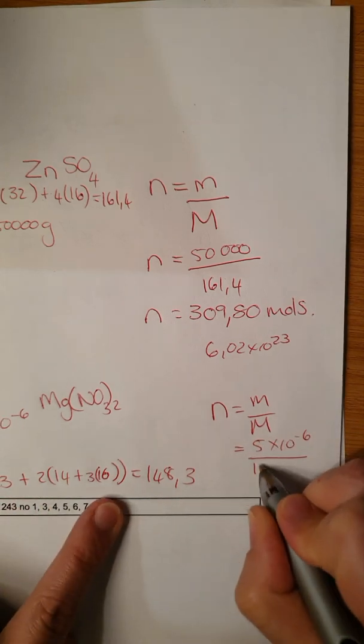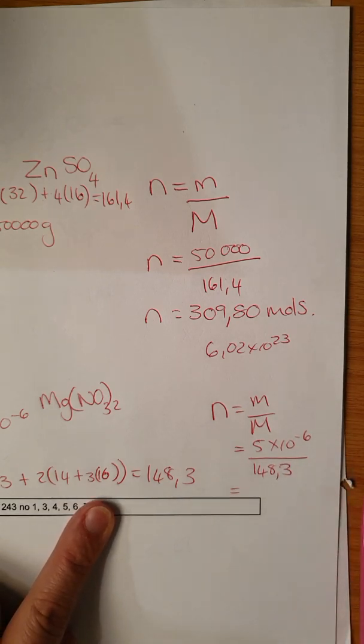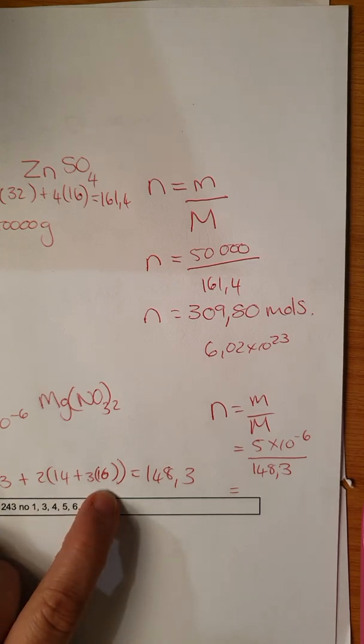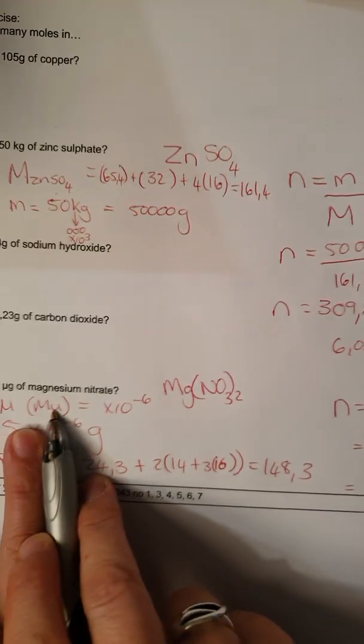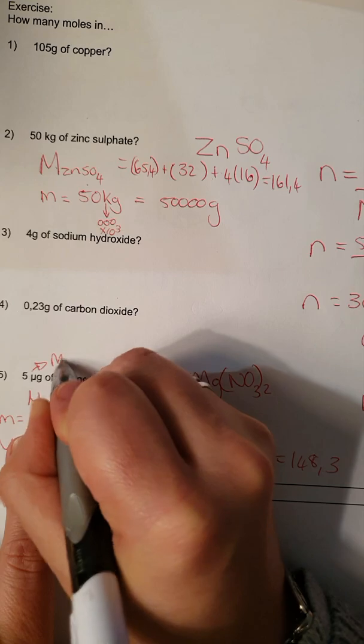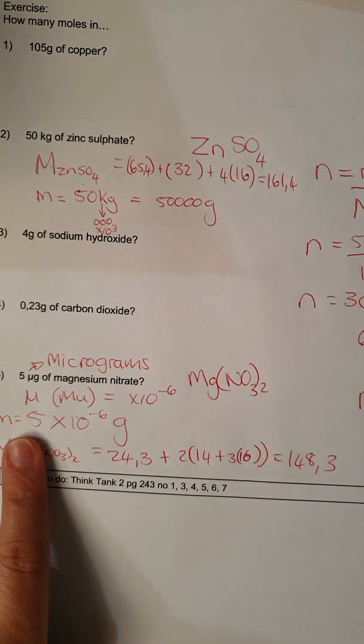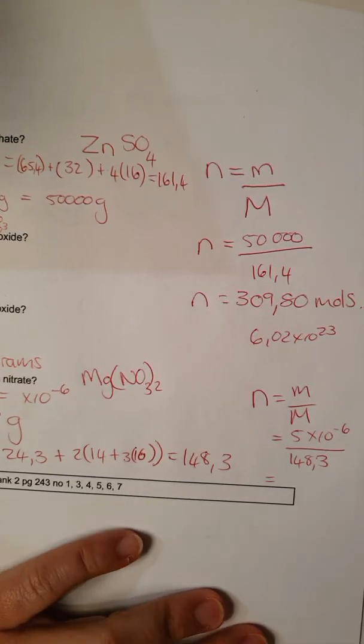Your molar mass is 148.3. You divide the two and you get how many moles you have of magnesium nitrate in 5 micrograms. I know I said it's mu, but that's just the name of the symbol. This is actually micrograms.